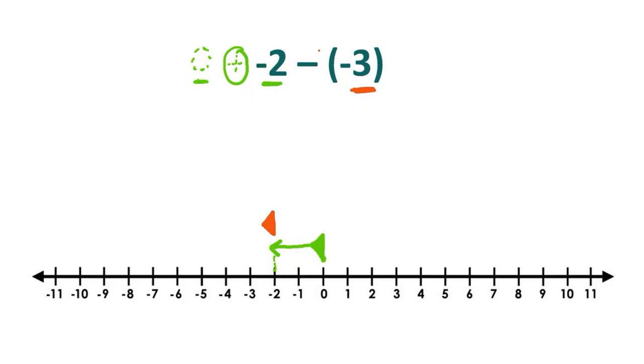My operation is minus. It says minus. So I need to walk backwards 3 steps. 1, 2, 3. I walked 3 steps backwards and I land on 1. Positive 1.